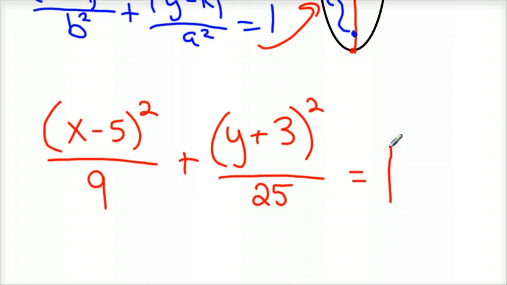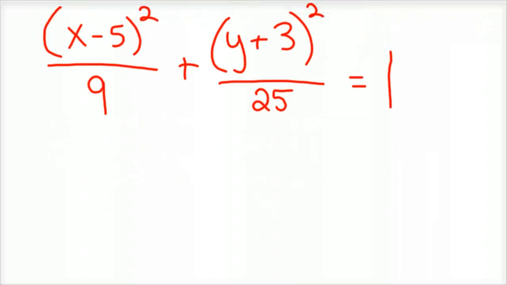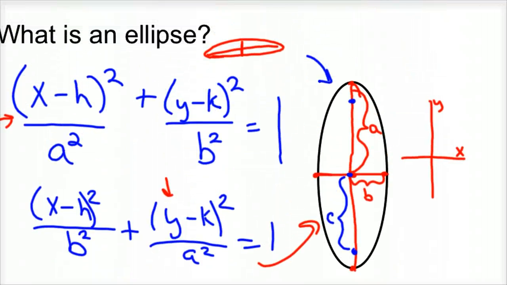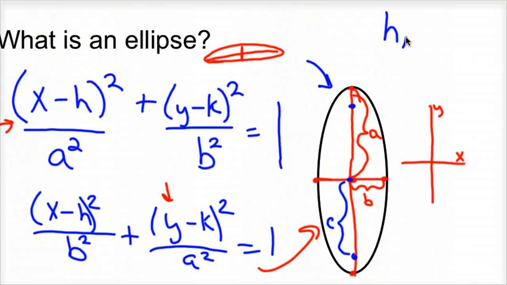All right, so let's say we had this equation of an ellipse. So what we'll do here, let me pull in some graph paper. All right, so what we have here is, first off, if we go back to this general form of the equation, h and k, that is the center of my ellipse.